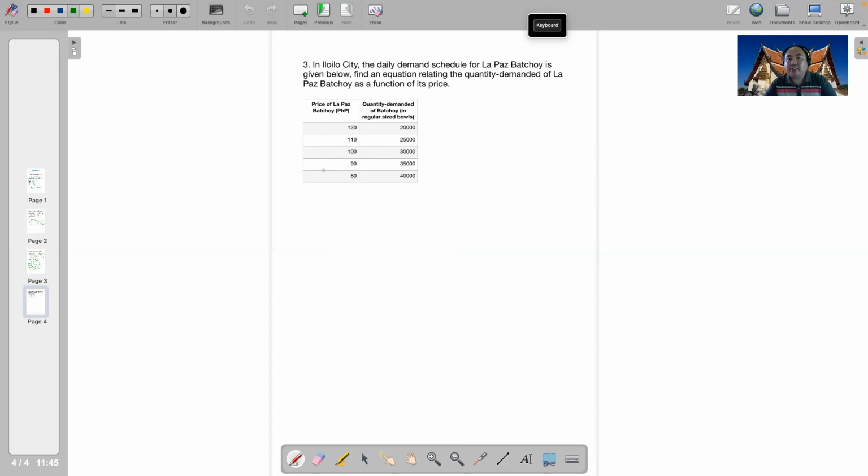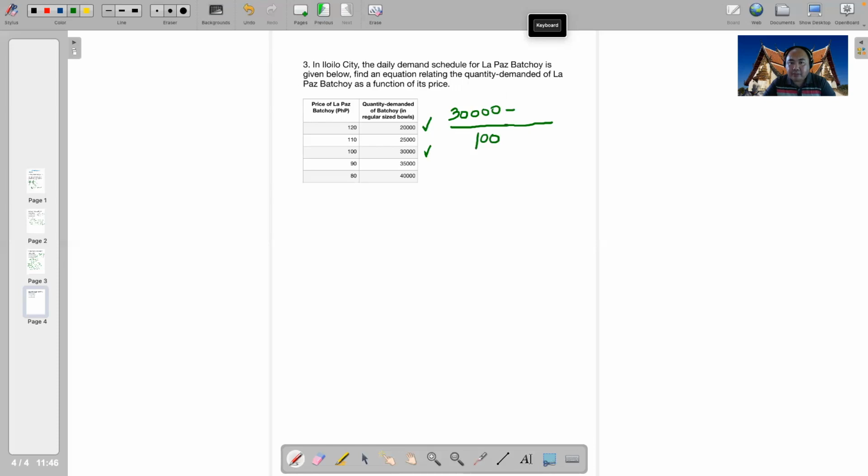Let's choose points. I'd like to choose this because I believe they are easy to manipulate. Of course, you can choose on your own different points. When the price is at 100 pesos per bowl, the quantity demanded is 30,000 bowls. Okay?